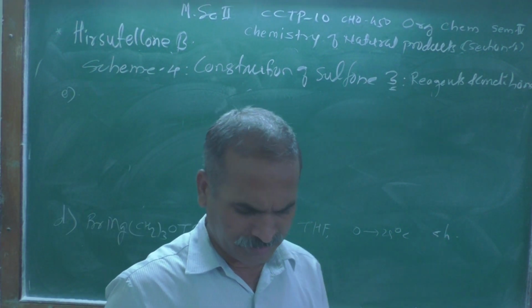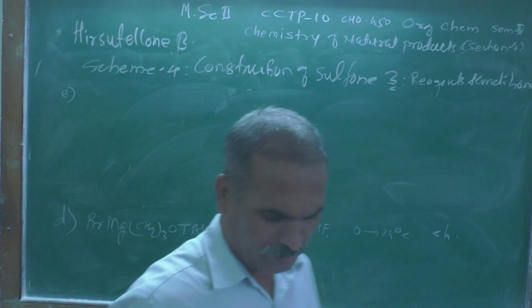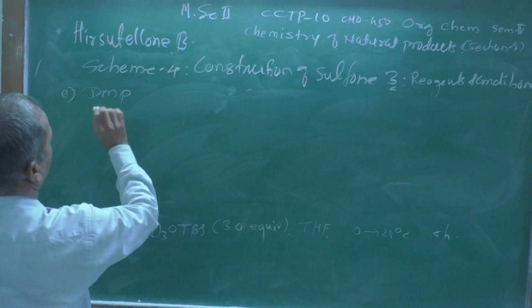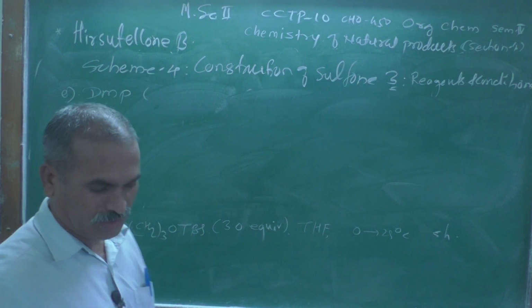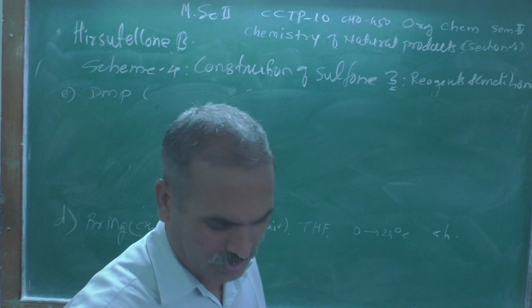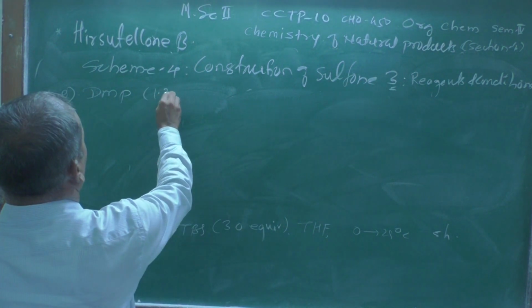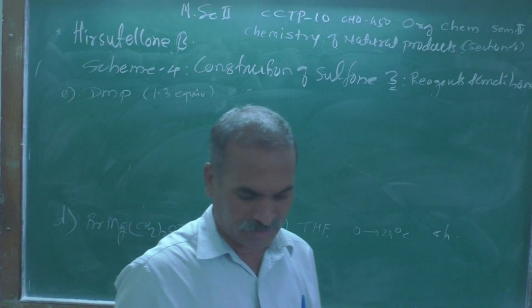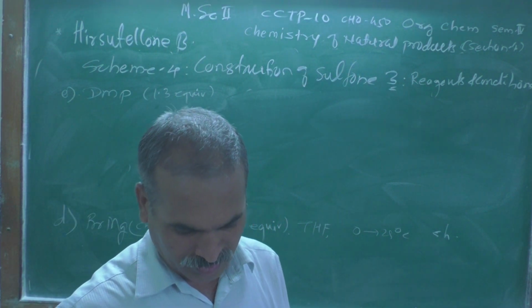The reagent E will be DMP. Now how much equivalent they have used? That is 1.3 equivalent. That much amount of the reagent they have used.